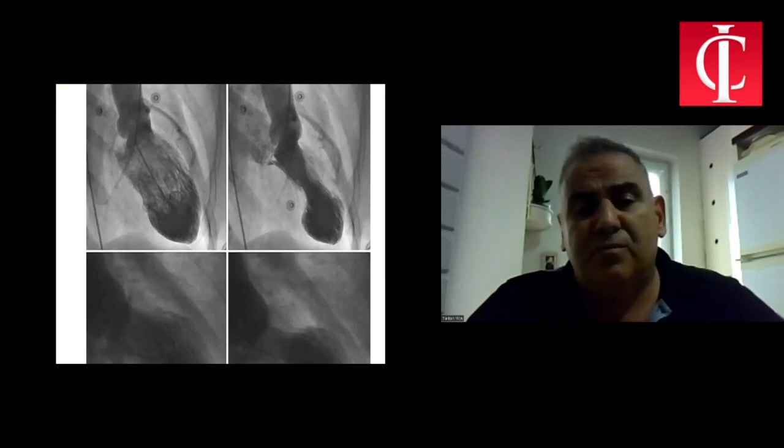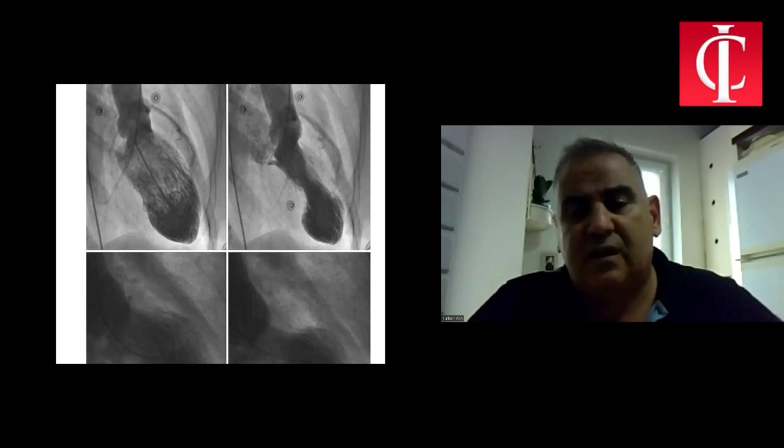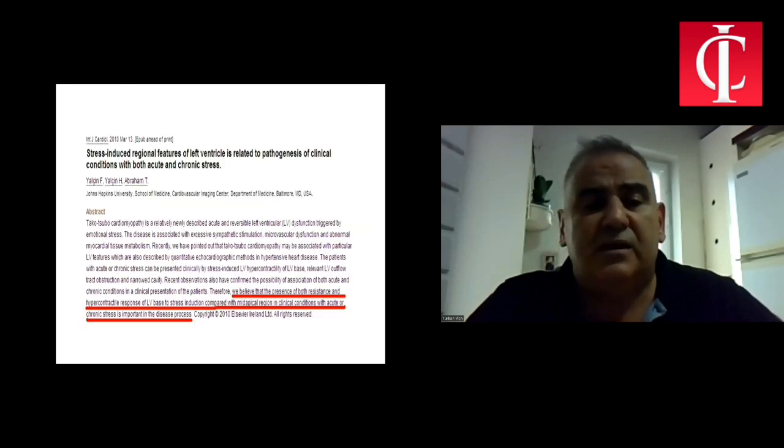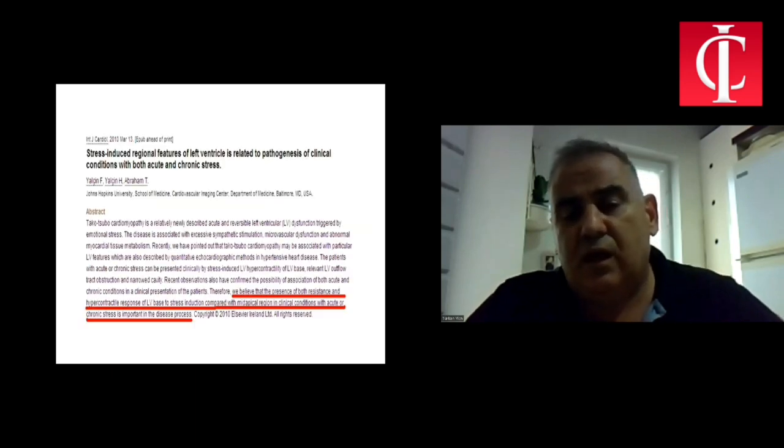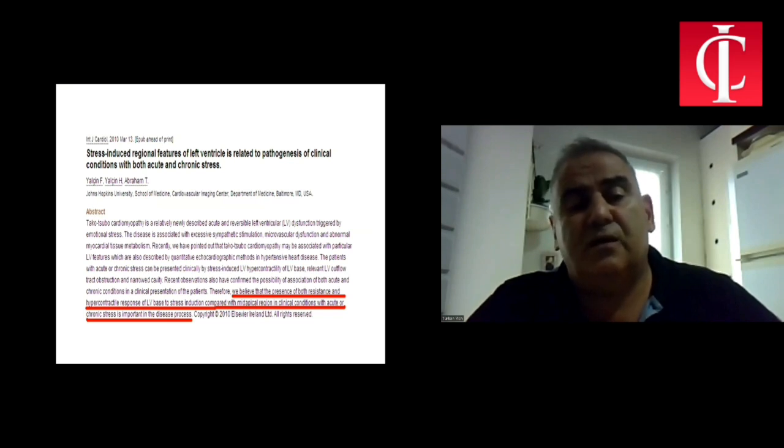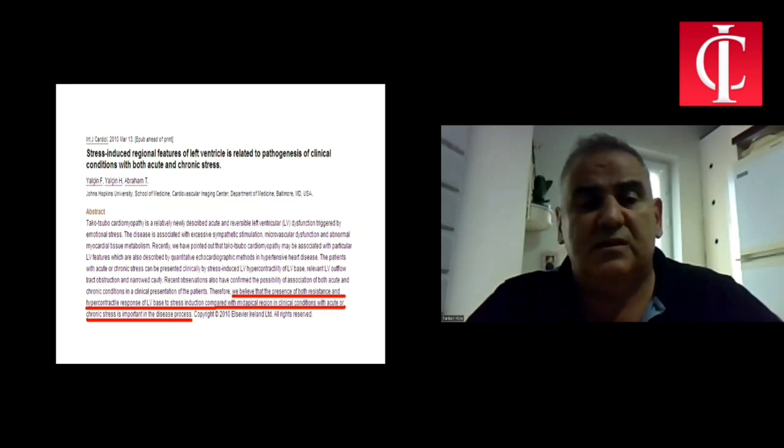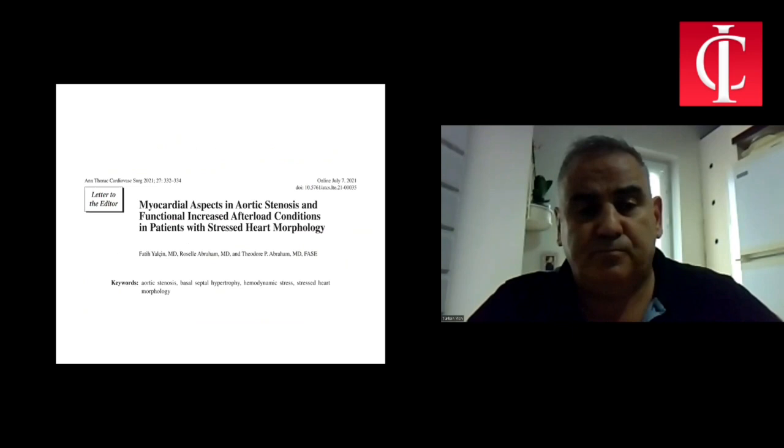At the time, we had seen similar morphology, we can say an ampulla shape, in acute stress cardiomyopathy. And a long time ago, we published the similarity between acute or chronic, doesn't matter. There is a very, very similar geometric appearance in this group of patients.